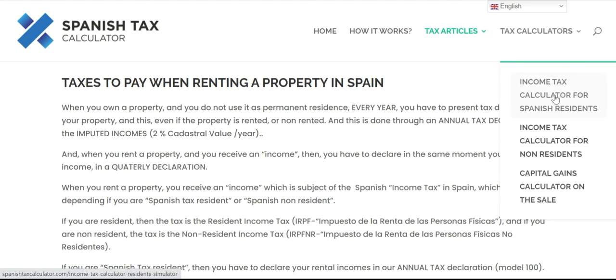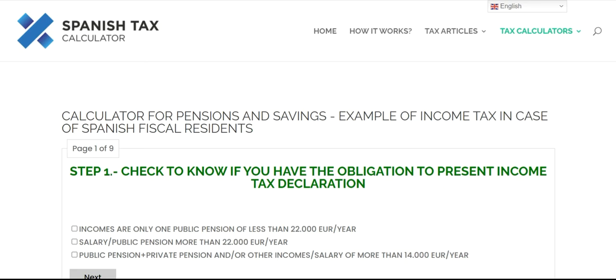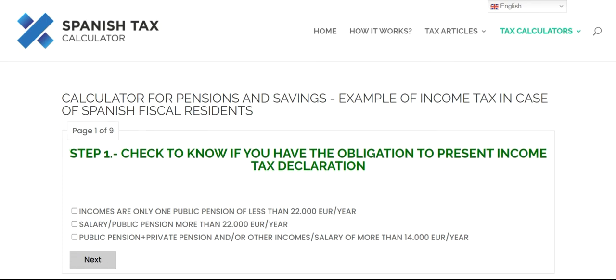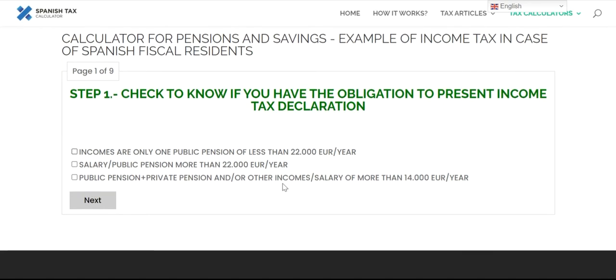In case that you are a Spanish tax resident, we kindly invite you to enter our calculator for Spanish tax residents, where obviously you will need to introduce certain information that will determine exactly the amount that you will pay on rent as a resident. Why?